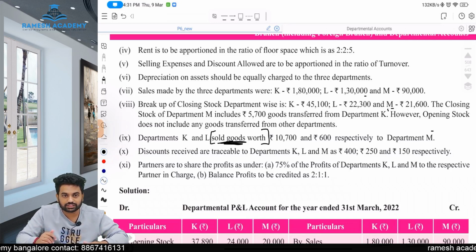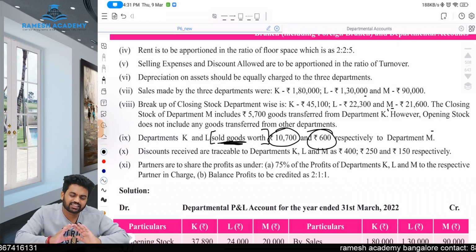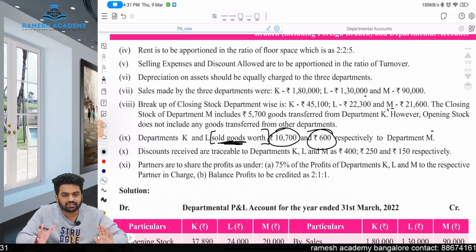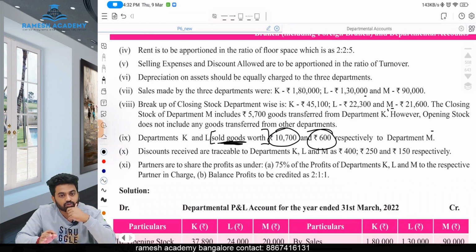So 10,700 from K, and L is 600. L doesn't matter, it's of no use. Only the K value is required, because we know how much of K's goods remain. What we don't know is the percentage of profit of K. If we come to know the percentage of profit of K, we can apply that directly.